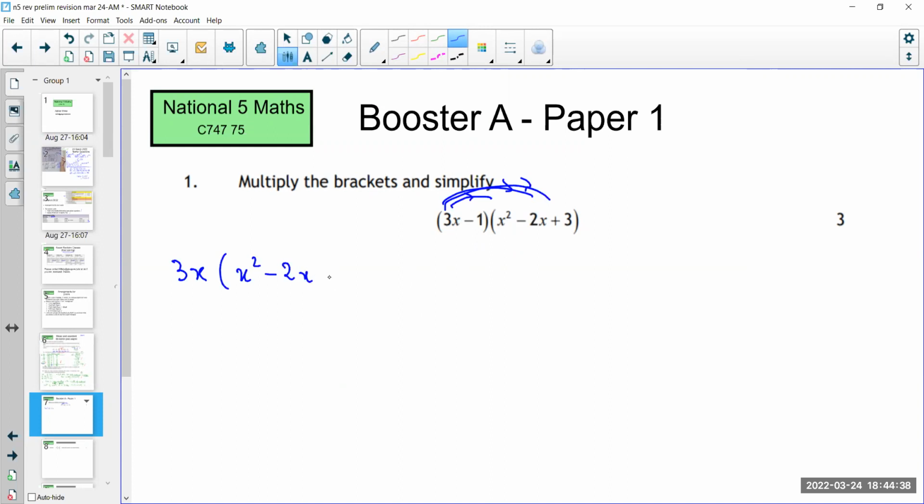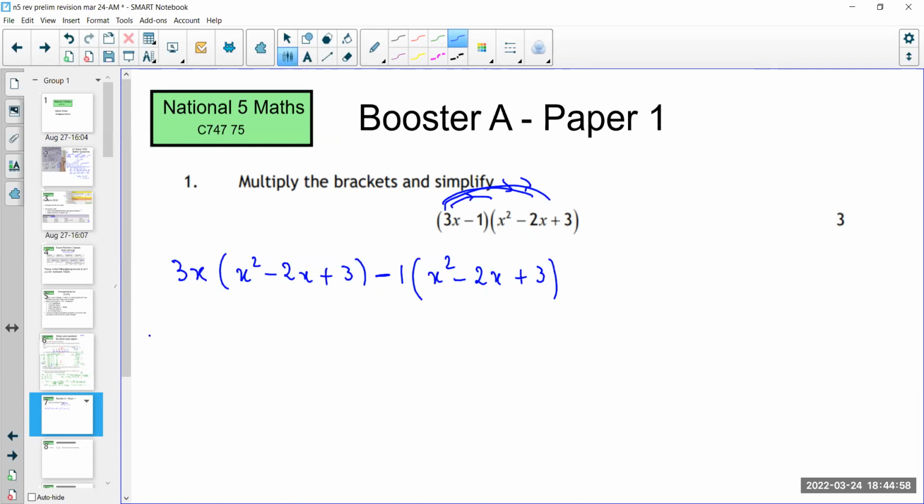And if you do this, you are going to nail 3 marks, no bother. 3x times that, minus 1, please write minus 1 times x squared minus 2x plus 3. And now you can start getting your marks.